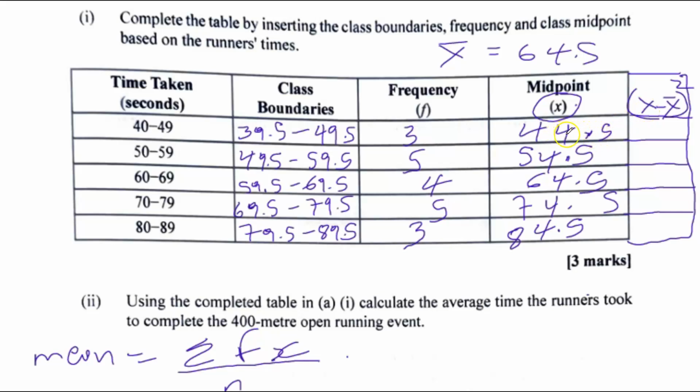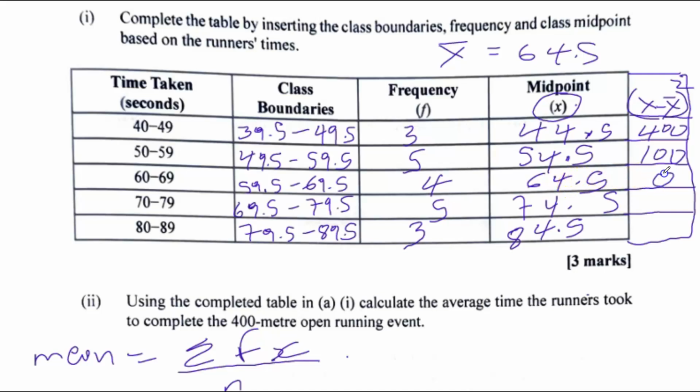So for the first x value here, 44.5, if we take away 64.5, we're left with negative 20. You square negative 20, that's positive 400. Second one, you take away 64.5, you're left with 10 or negative 10, depending on which one you put at the front. Either way you square either 10 or negative 10 is 100, right? And then 64.5 take away itself, that's 0.